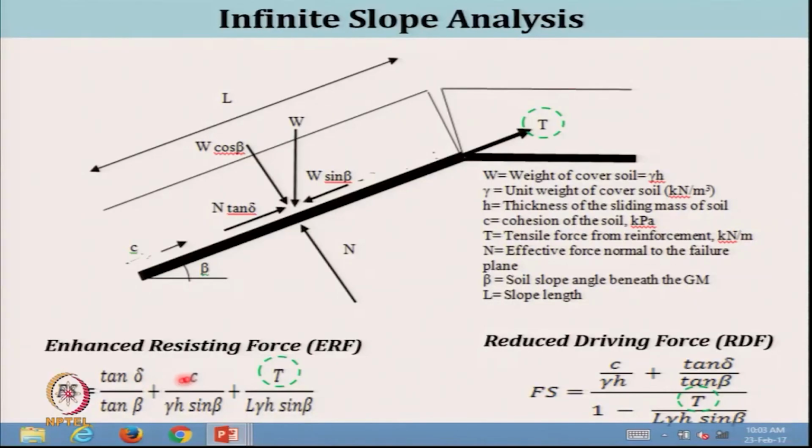So you can remove this, but this is the general equation, because the resisting force is C plus n tan delta. So here you are getting a C term which you can avoid, but this is called the ERF approach, and this is called the reduced. And I am suggesting that you use this approach. Okay?